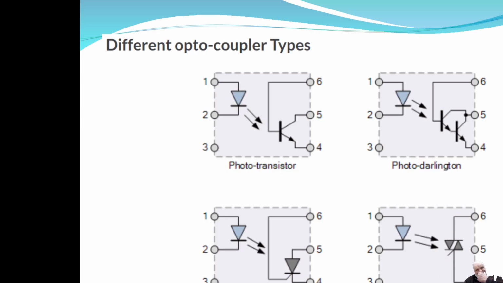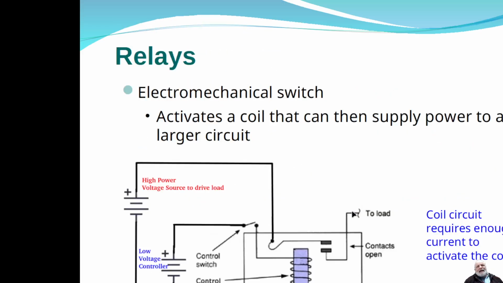So the triac allows current in both directions, but in these other ones, current can only flow in one direction. So these first 3 are for DC activation only, not AC.